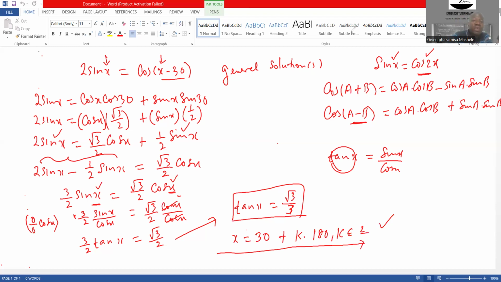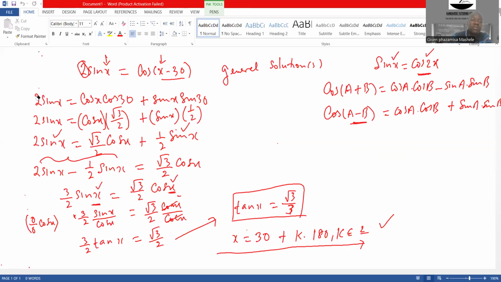But if this coefficient here was not 1, like was 1, then we're going to use the cofunction. Instead of the cofunction, we use the compound angle. Because with the cofunction, we can either change sine into cos or cos into sine.